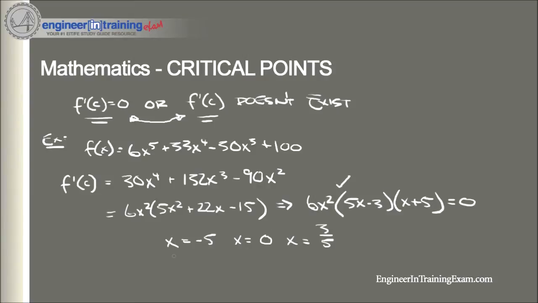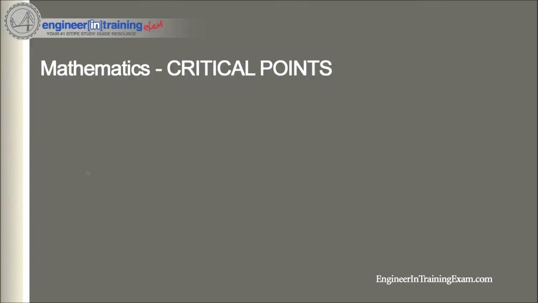So our three critical points in this case are going to be x equals -5, x equals 0, and x equals 3/5.